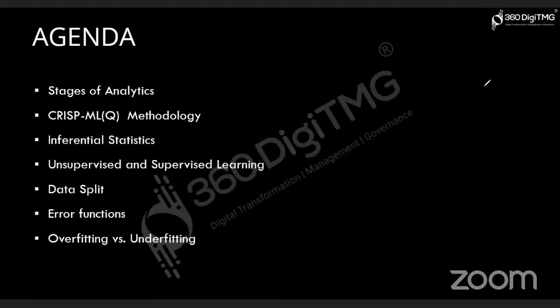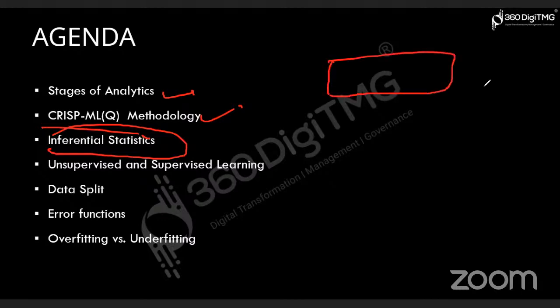We have also discussed the stages of analytics, and the phases we'll be having in CRISP-ML. And we have also discussed what inferential statistics is. We'll be having a population, and it is not possible to take all the reviews of the population.